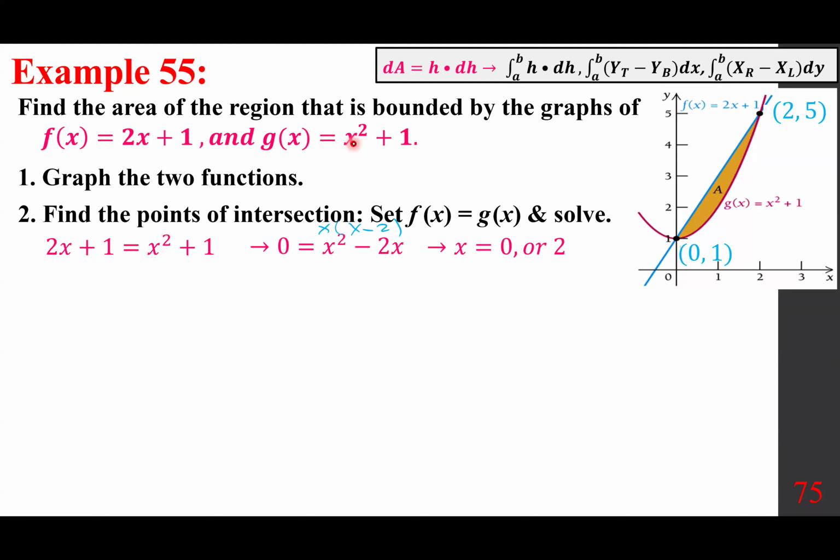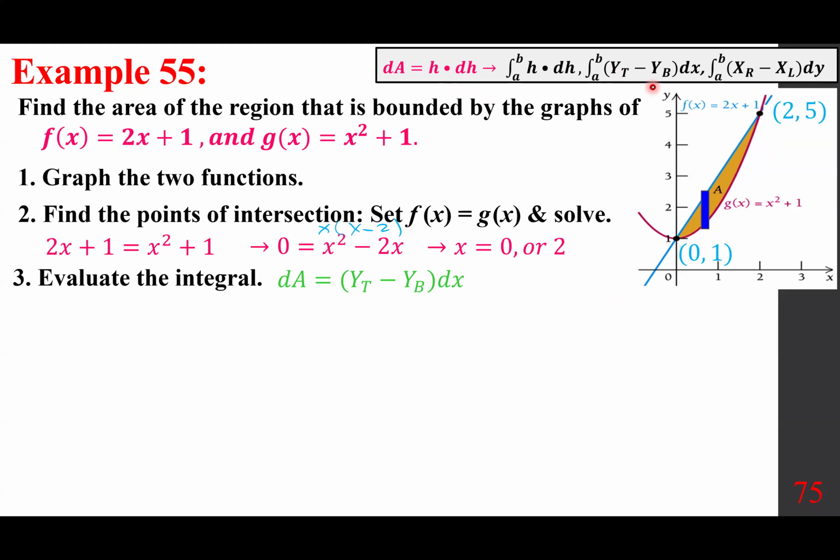Now, the next step is to evaluate an integral, but what integral? Well, let's come up with a typical increment of an area. You see that the line is completely above the curve, so we're going to go with dA is y of the top minus y of the bottom.